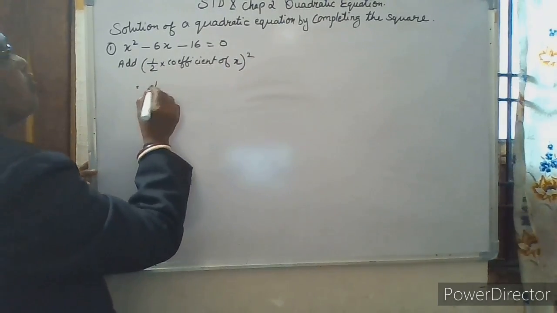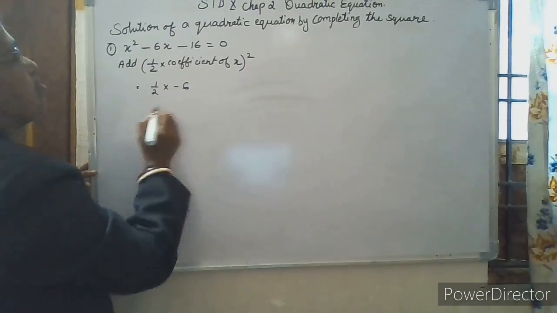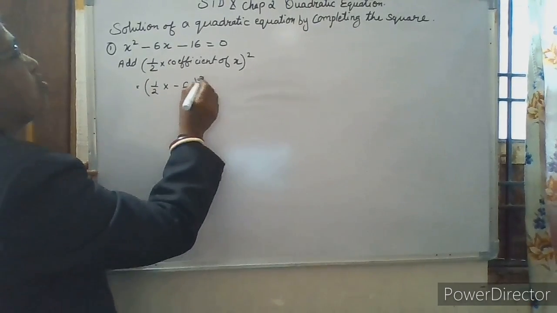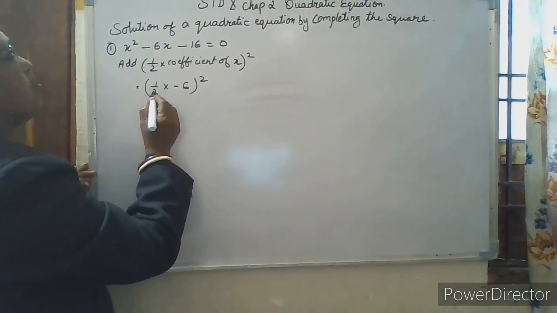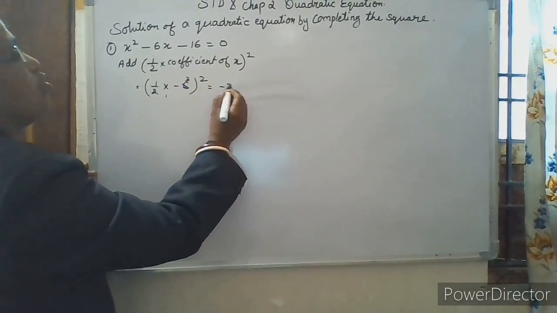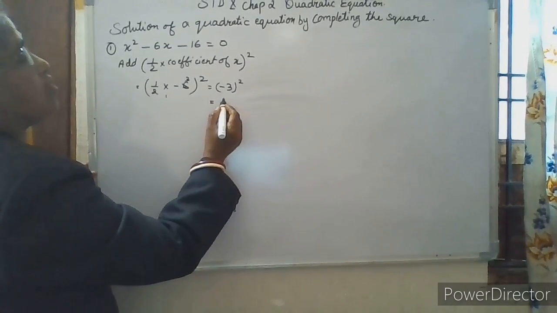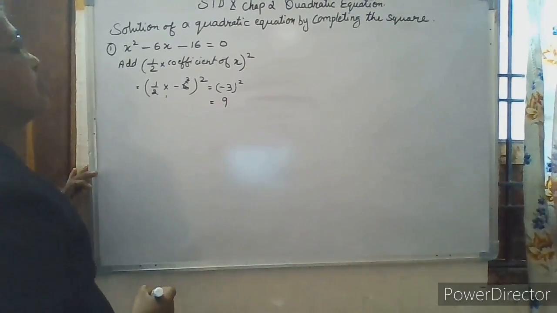So this is half into the coefficient of x, which is minus 6, the whole square. Half of 6 is 3, so this is minus 3 the whole square, which is 9.